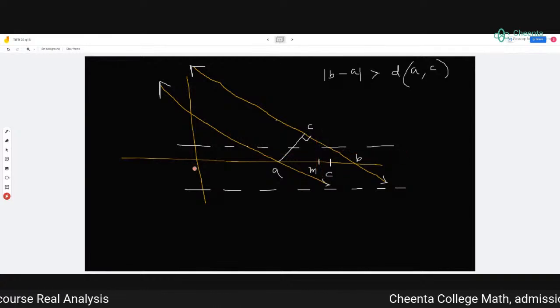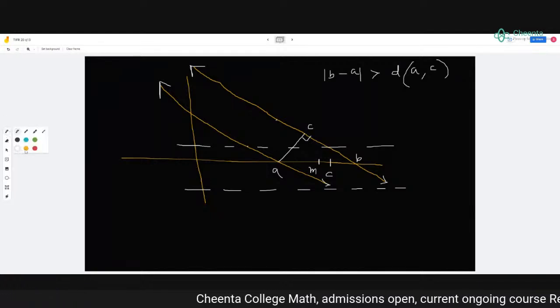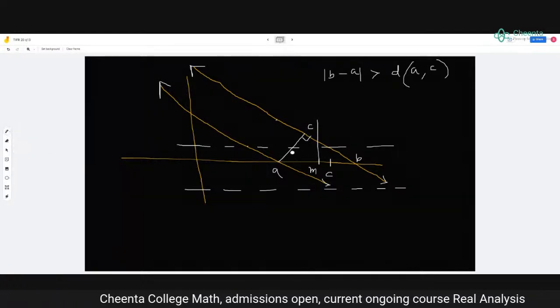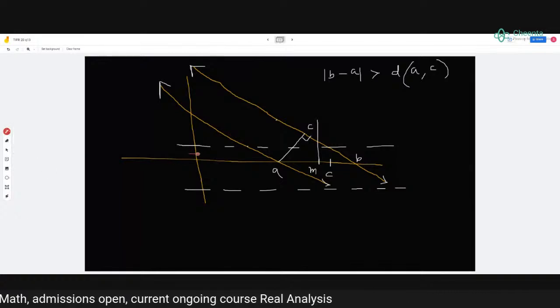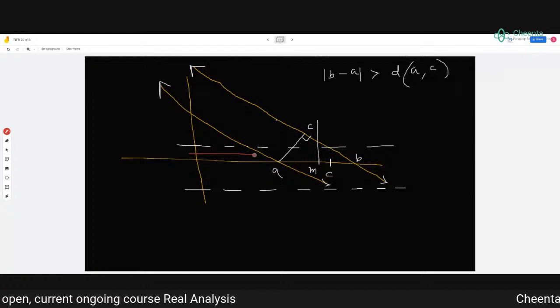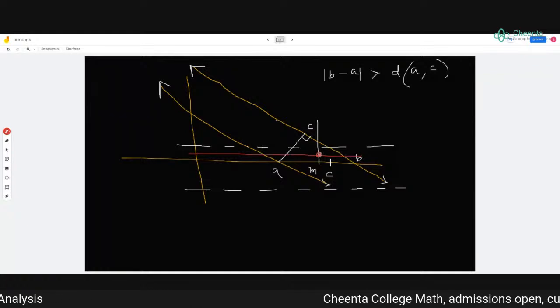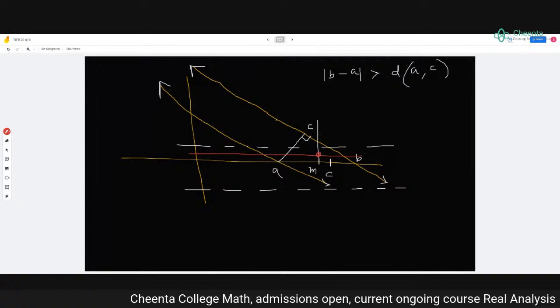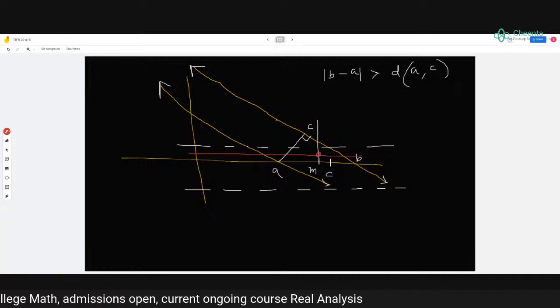So then you get something like this, that this is the m, and let's say this is the y equals to some c naught. So it goes like this, and thus there is an integer point interior to the strip bounded by two parallel lines.